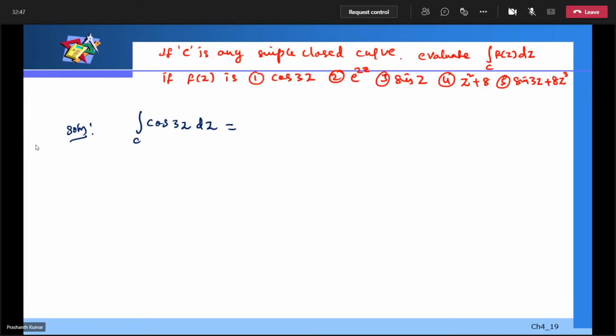What is the integral over C of cos 3z dz, if C is any simple closed curve? Anyone please?